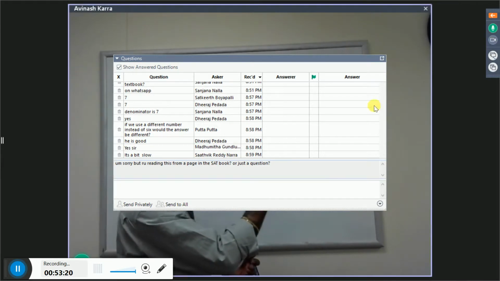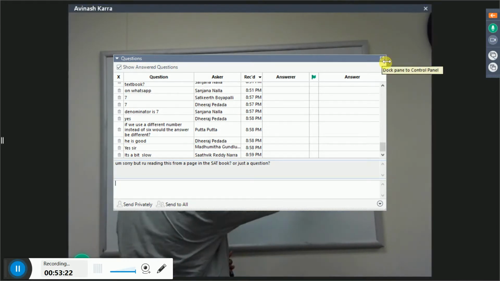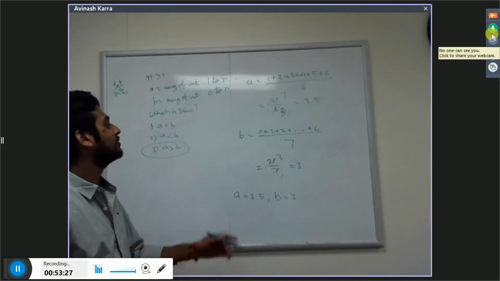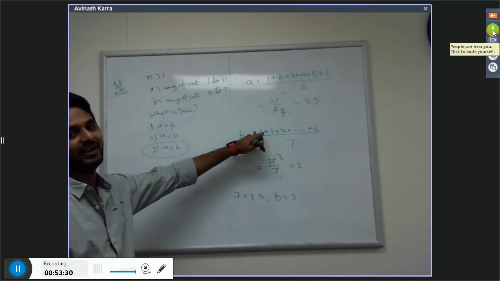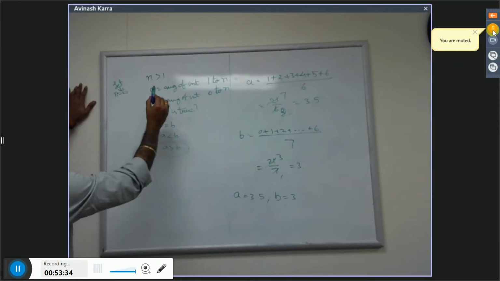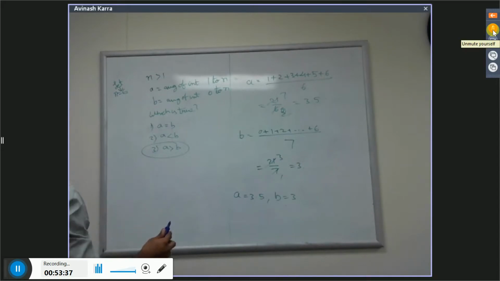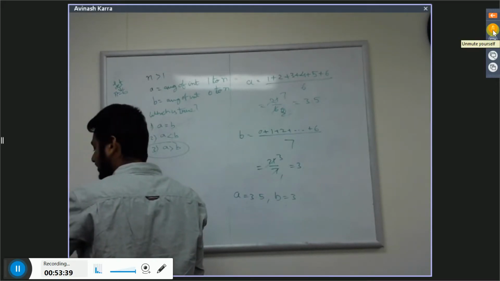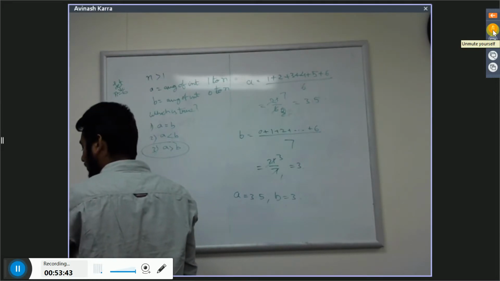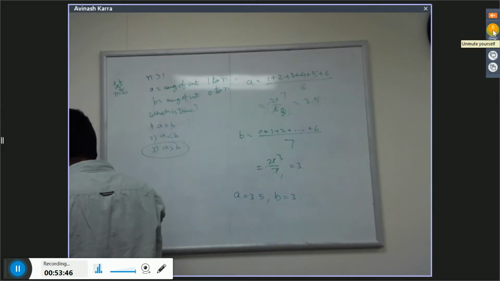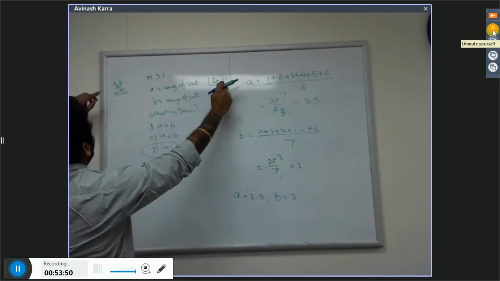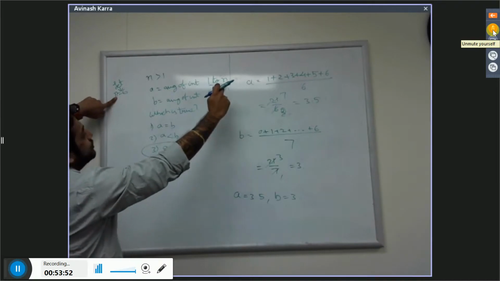No, it won't change. Why? Because here 0 is playing the game actually. See, let me read out the question once again. Let n be an integer greater than 1. Let a be the average of the integers from 1 to n. Here I am considering n equal to 6, right?